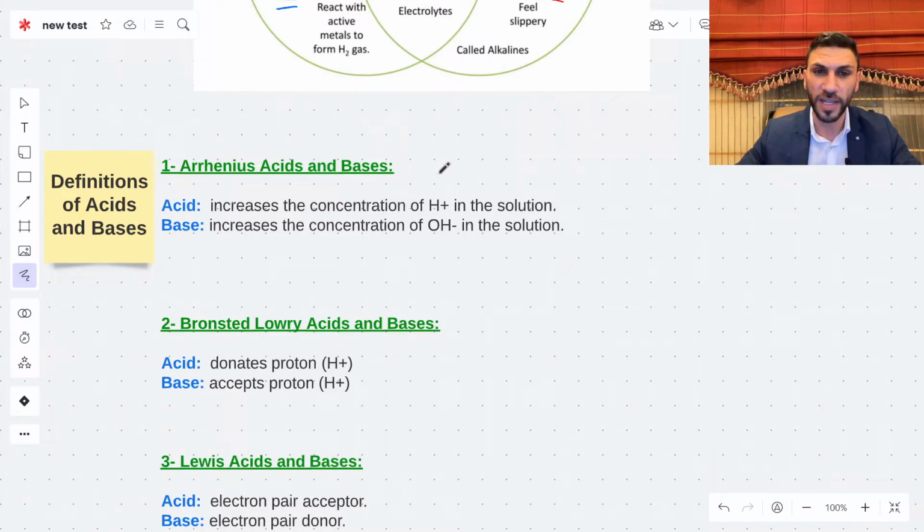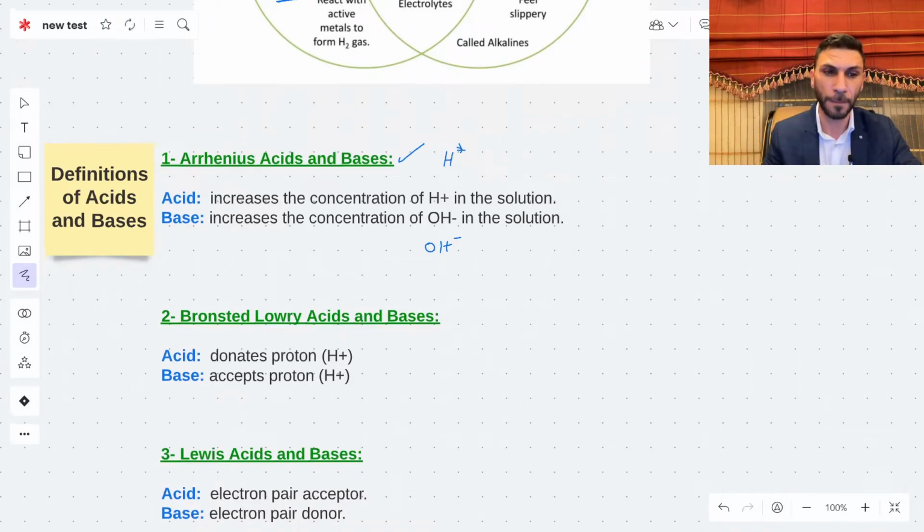So anything that gives off H positive is going to be an acid. Similarly, a base is everything that increases the concentration of OH negative in the solution. So that was Arrhenius' definition of acids and bases.